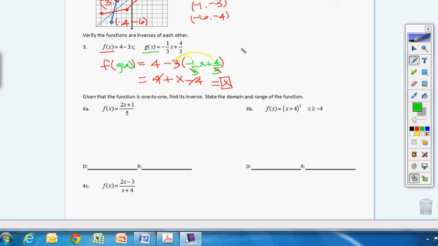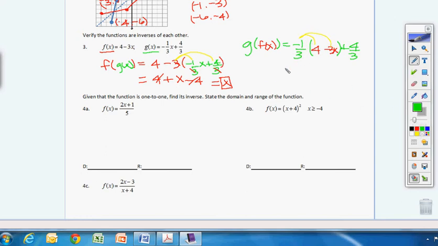So now let's double check. You have to plug now f of x into your g of x function, plus 4/3. So instead of x, we're plugging in the entire function, so 4 minus 3x. And again, make sure you're distributing and using all of your algebra, the negative 1/3 into both.